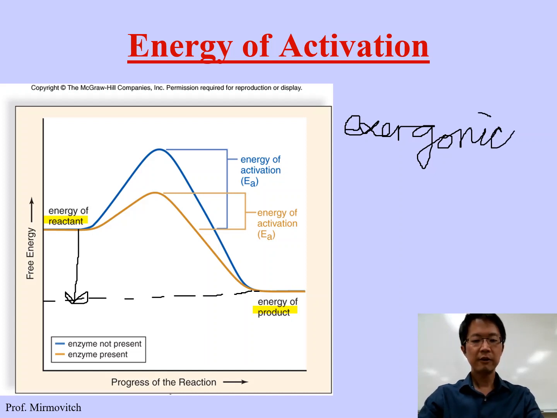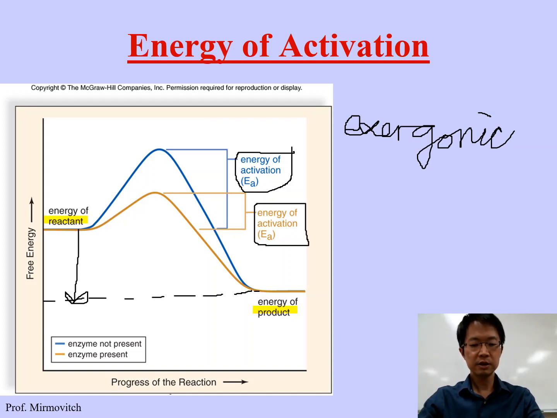And then we have the two activation energies. The blue one, you can see that it has a higher activation energy, but the orange one has less activation energy. What causes the difference?